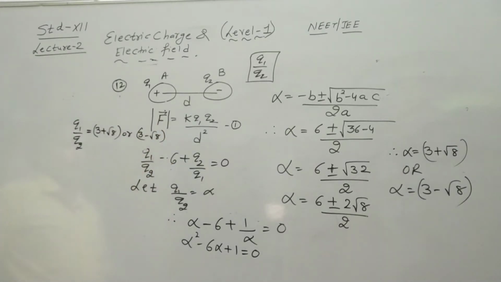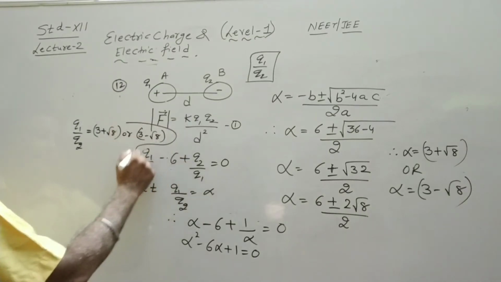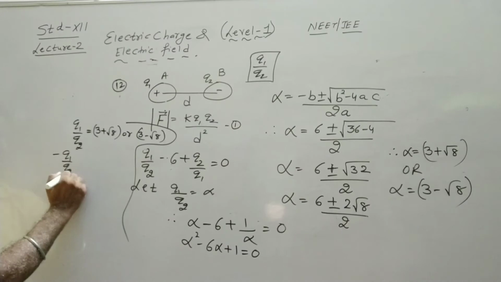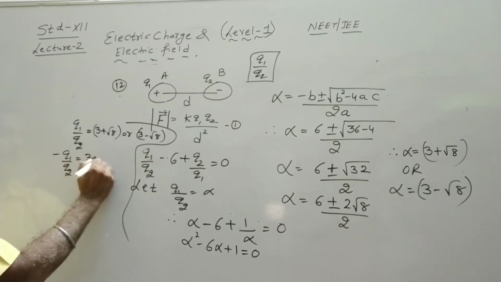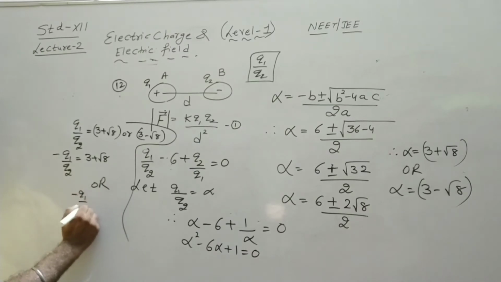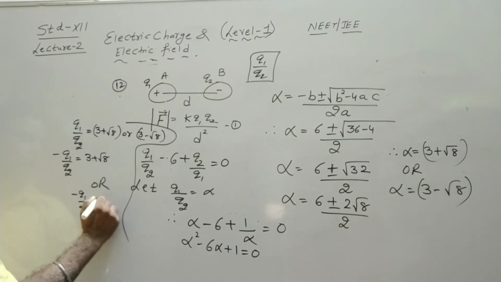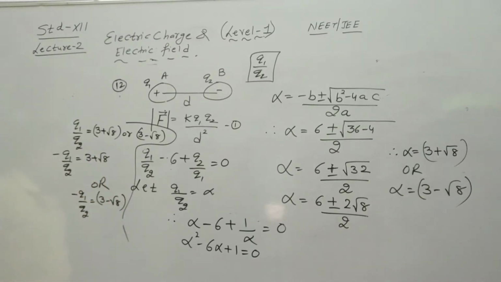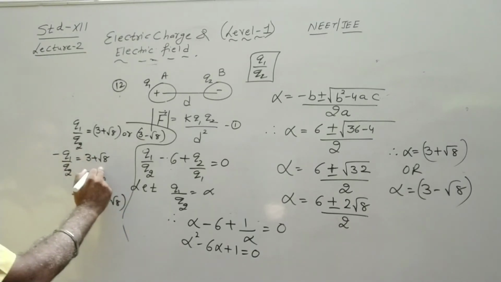But if both the charges have opposite polarity, then we take a minus sign: minus q1 upon q2 is equal to 3 plus root 8, or minus q1 upon q2 is equal to 3 minus root 8. Now I take the minus to this side.